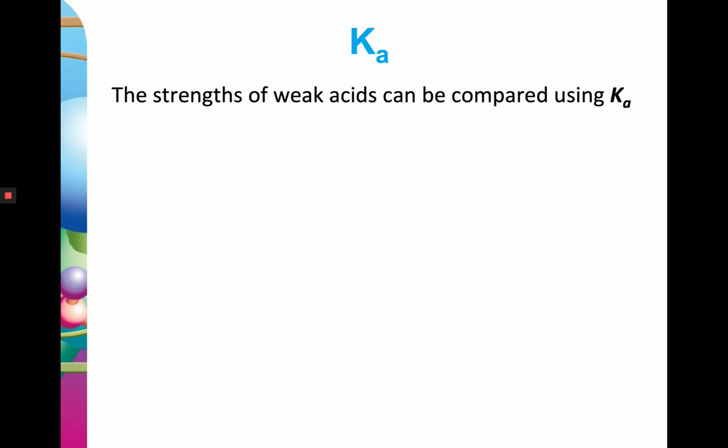So I'm going to start with the Ka, the acid dissociation constant, and our expression for that. Ka is derived from the equilibrium expression. So obviously H+ is the hydrogen ion and A- is the salt. If we were looking at carboxylic acids, it would be the carboxylate salt, and then HA would be the carboxylic acid.